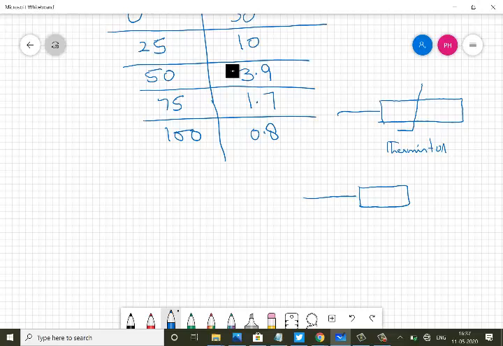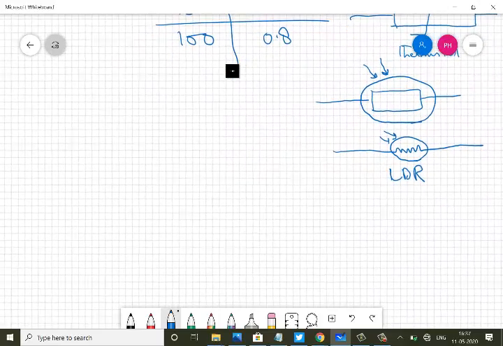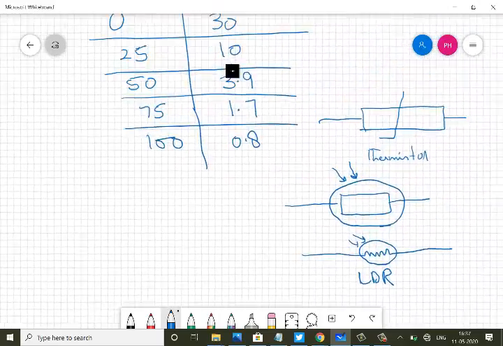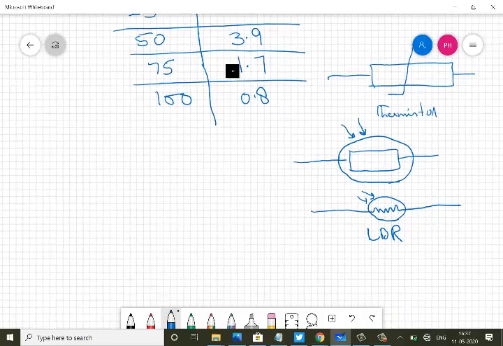It also has two terminals, thermistor and LDR both have two terminals. Or sometimes we also show it like this. LDR. So let me show now how we change this resistance change into voltage change.